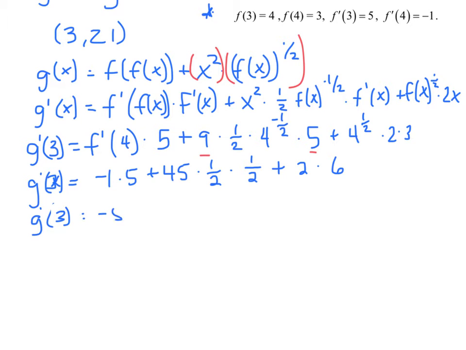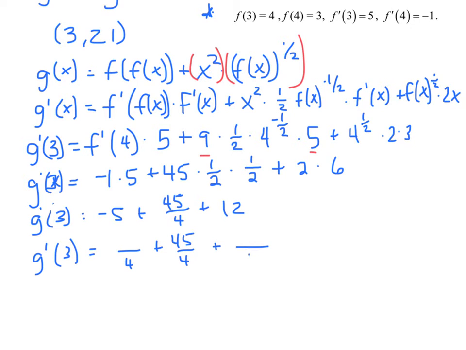Equals, so this is negative 5 plus, okay, so this would be 45 times 1/2 times 1/2 would be 45 over 4 plus 12. Okay, so it looks like we need a common denominator here of 4. So g prime of 3 equals, so I'm going to make these all have a denominator of 4. So 45 over 4 plus something over 4.